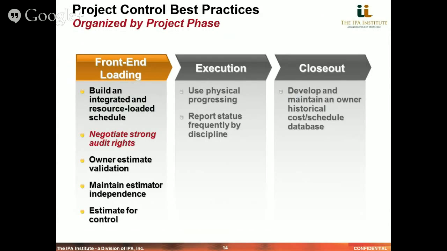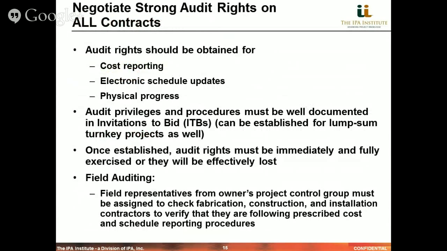The next best practice that we want to focus on is negotiating strong audit rights. Again, from the owner's perspective, audit rights should be obtained for all three elements: cost reporting, electronic schedule updates, and physical progress. Meaning the owner needs to make sure that their contracts and their agreements put them in a position to be able to look at the details of these three elements of project control that their contractors are working.